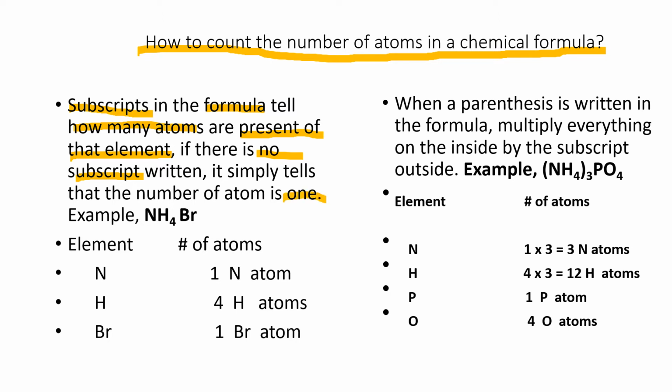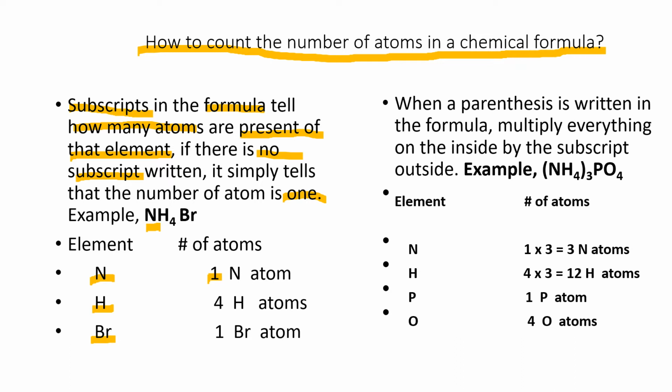Example, NH4Br, ammonium bromide. First, let us identify the elements present. We have nitrogen, we have hydrogen, and we have bromine. So for the number of atoms, look at the formula. The subscript of nitrogen is understood as 1 because nothing is written, right? So that is why we have 1 nitrogen atom.